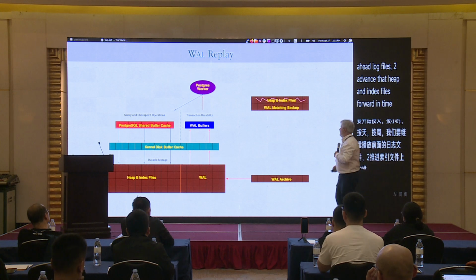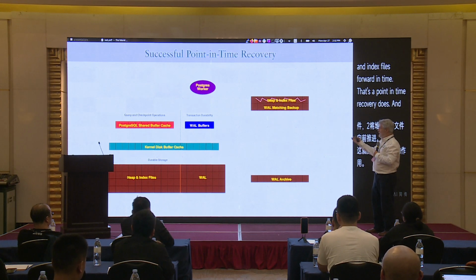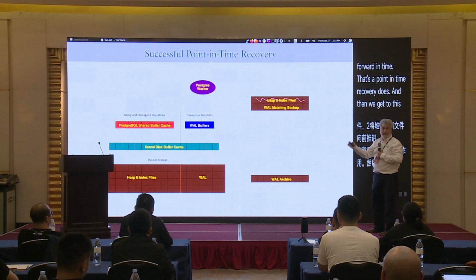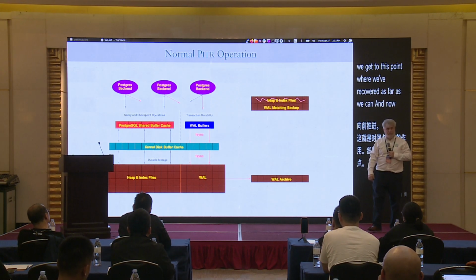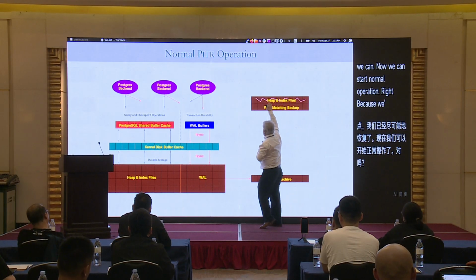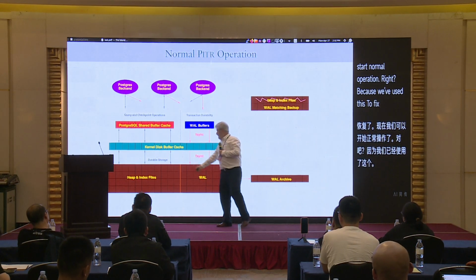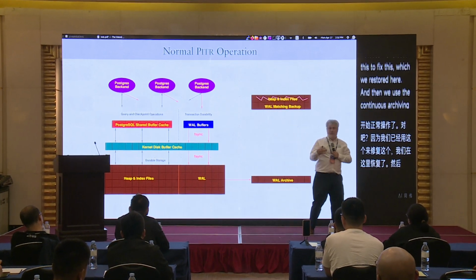That's what point-in-time recovery does. Okay? And then we get to this point where we've recovered as far as we can, and now we can start normal operation, right? Because we've used this to fix this, which we restored here, and then we use the continuous archiving to replay and move our time forward.